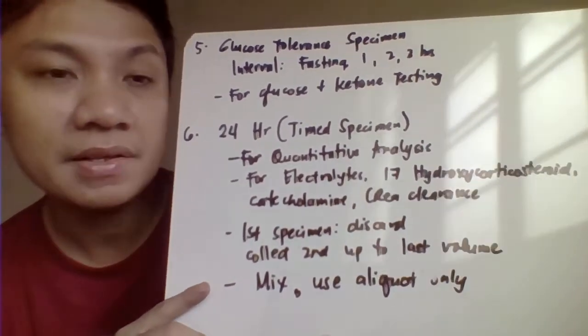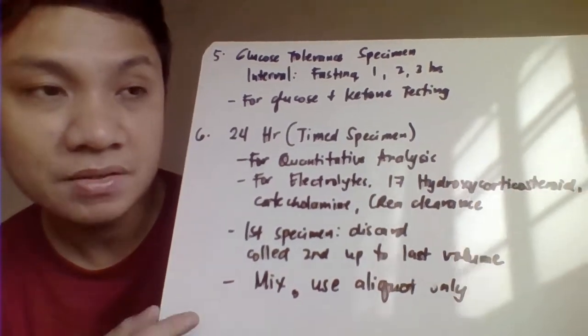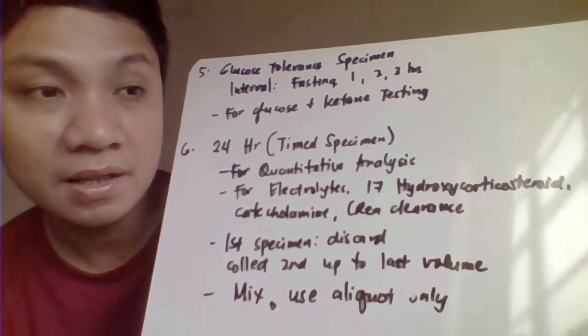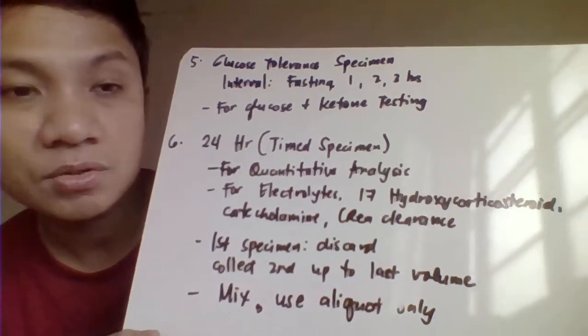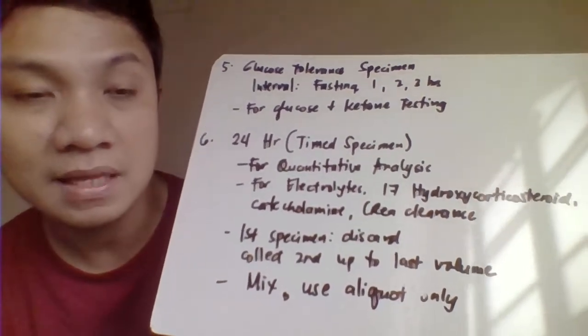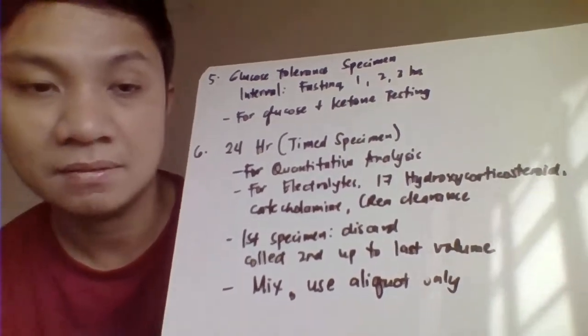Make sure that all the specimen is collected, and every time the patient urinates, put that in a container and preserve it in the refrigerator. Then after 24 hours, measure the entire volume, mix the specimen and get an adequate portion to become your representative sample.